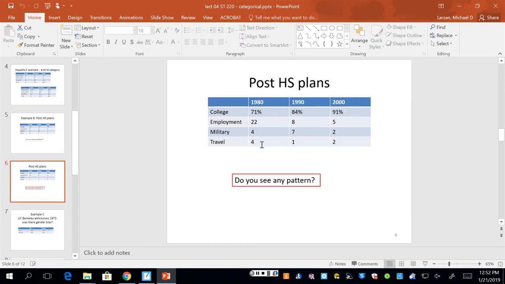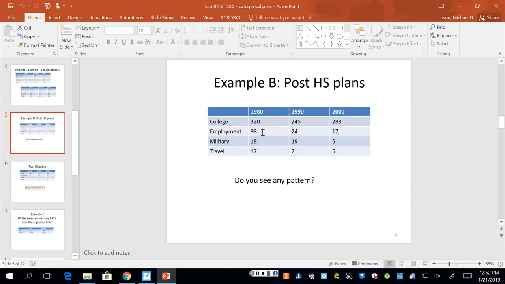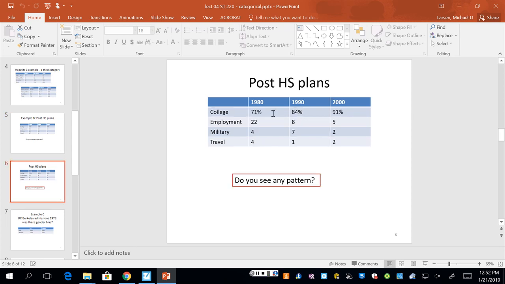So if you take percentages, in 1980, add those up, divide all of these numbers in 1980 by the total, which looks like about 450 or so, you get 71% going to college, 22% going to employment, and 4% for each of those.